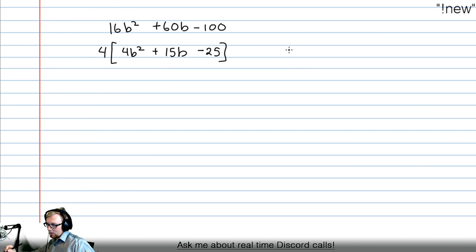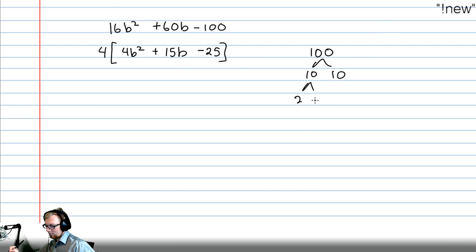Now, what's your A times C? Which you know factors down to 10. Factors down to 2 times 5.